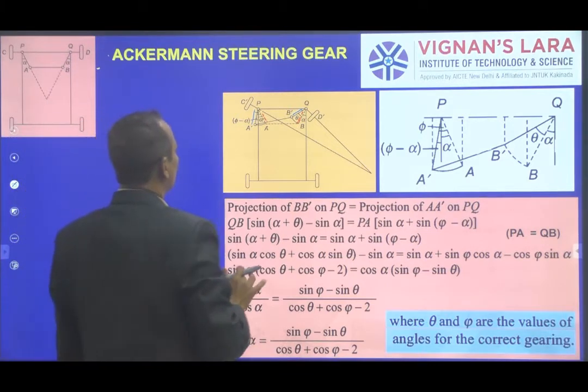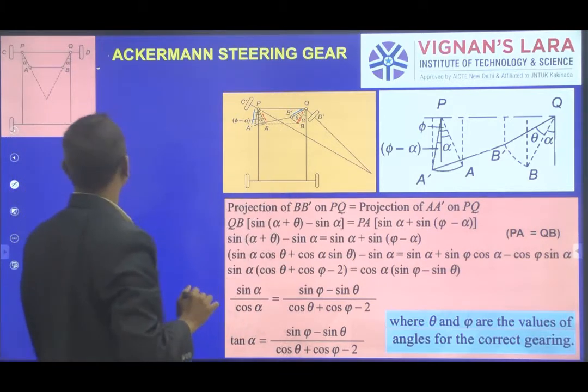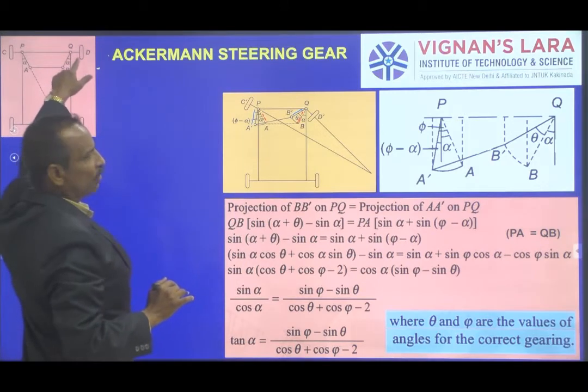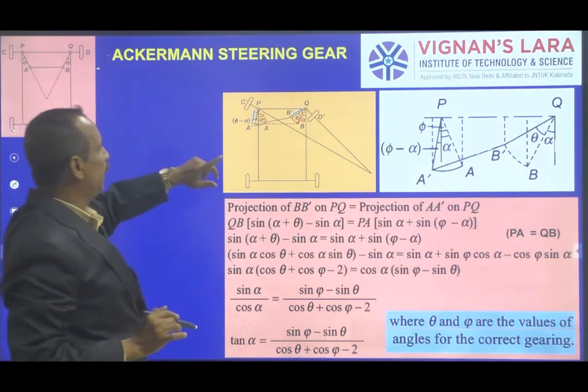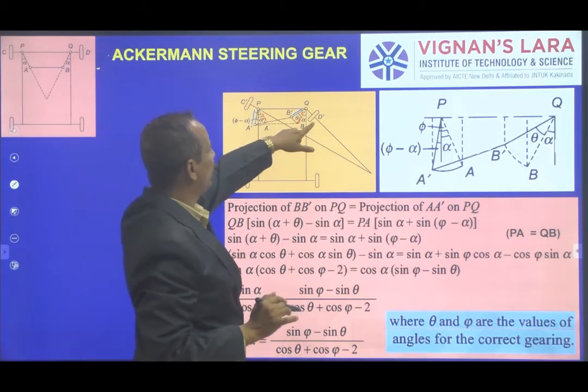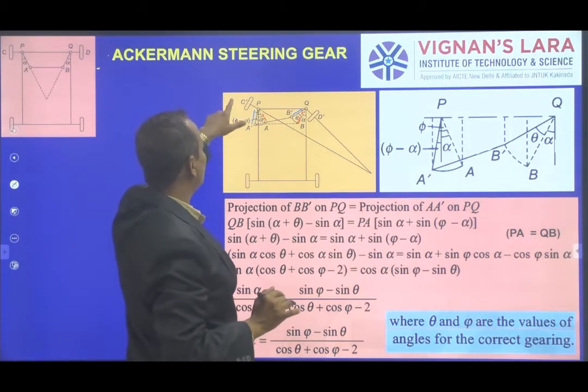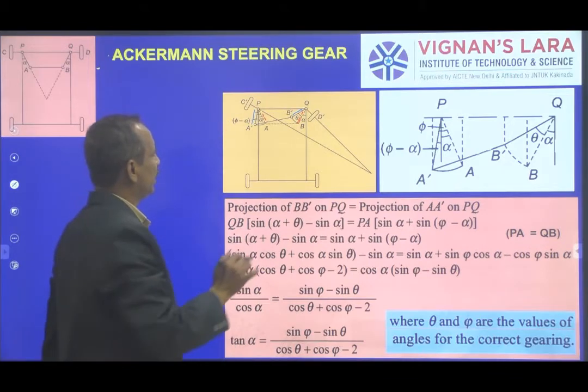In this process, the inner wheel D and the outer wheel C, corresponding to the front wheels, take the positions D dash and C dash.